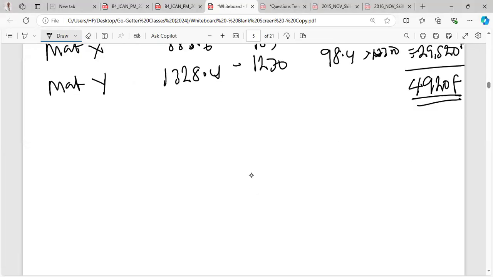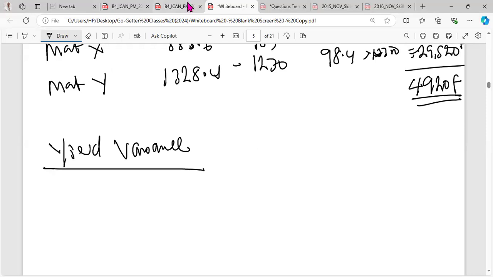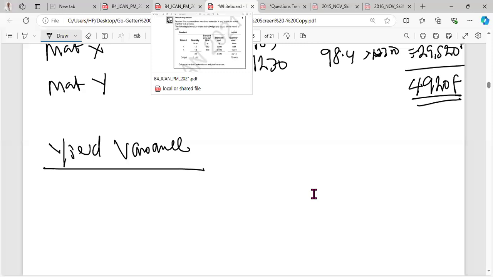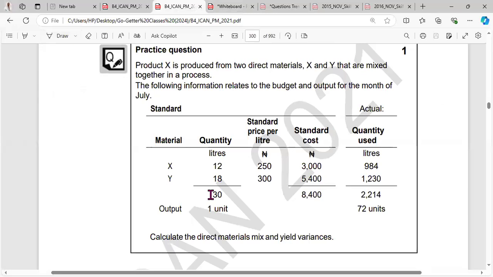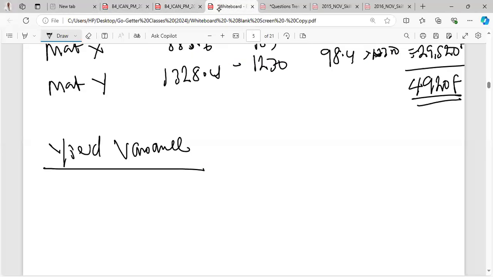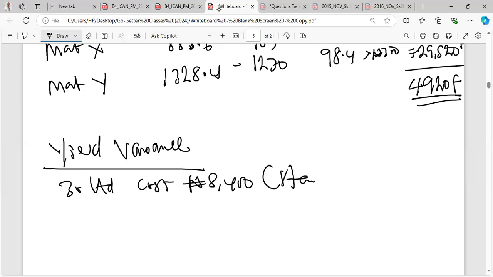Then we have yield variance. So how do we do our yield variance? We look at the price. 30 liters cost us 8,400 standard.